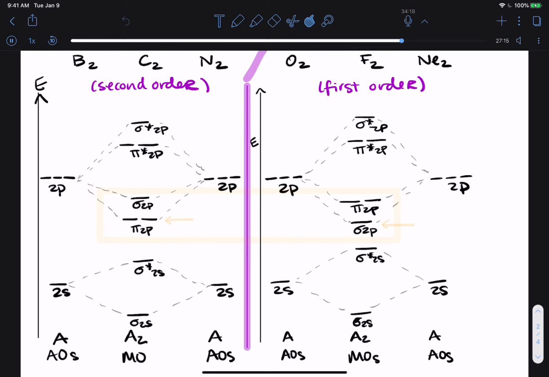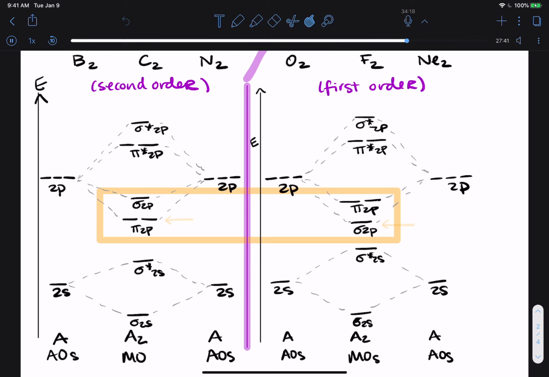So it's the p combinations, the bonding MOs, that show a difference in their placement. Let's see if that will snap in nicely. So it seems maybe less intuitive, but right, the first half of the period does a second order diagram.